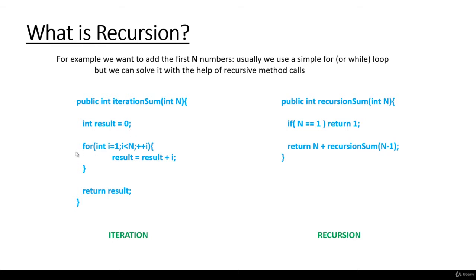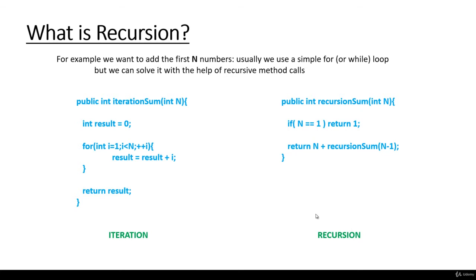We just have to make a simple for loop and make as many iterations as the value of this n variable, and basically we just have to sum up the values. So this is why we increment the result by i. This is how we sum up the first n integers, and finally we return the result. So this is how we solve this problem with the help of iteration.